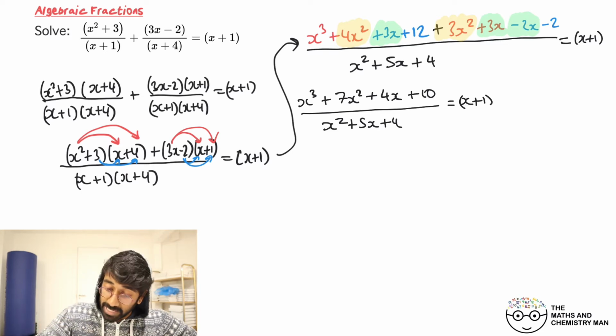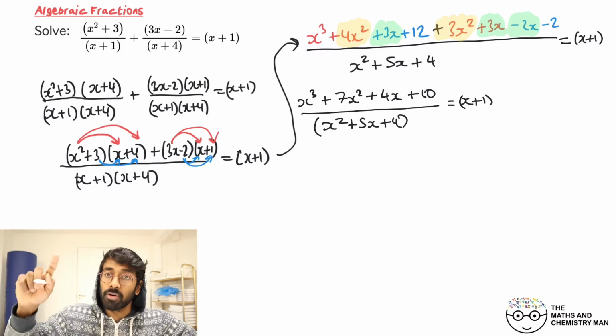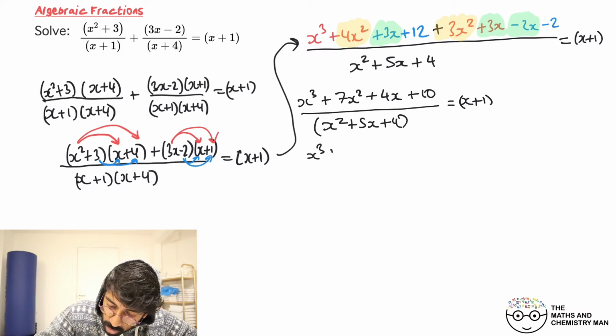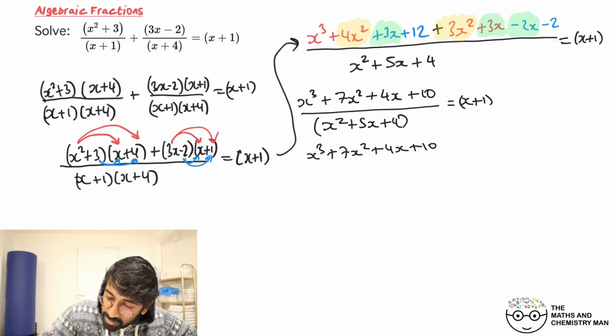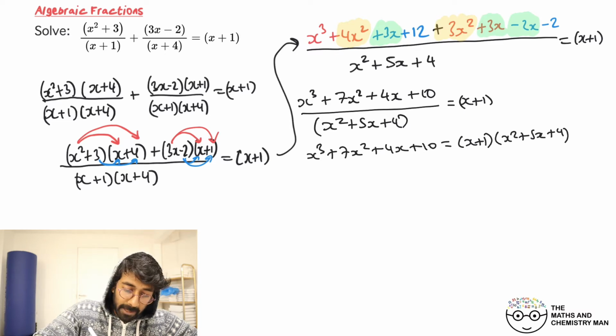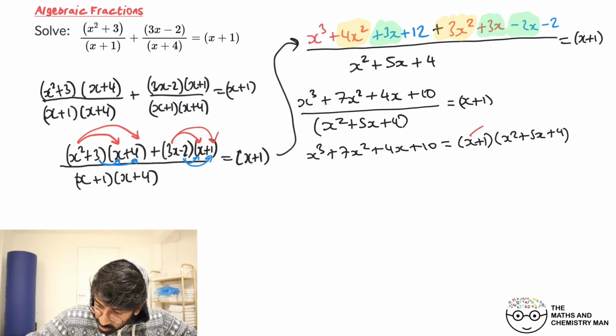Next thing is take our denominator over to the other side. So we'll have x cubed plus 7x squared plus 4x plus 10 equals, and then we've got (x plus 1)(x squared plus 5x plus 4), like that. Okay, so more expanding to do. Goodness me, be careful with this.